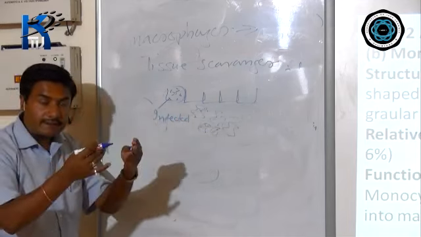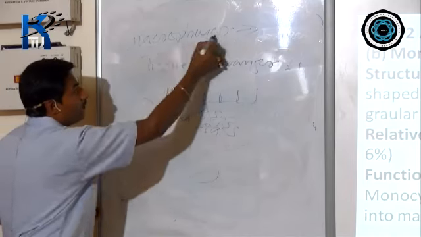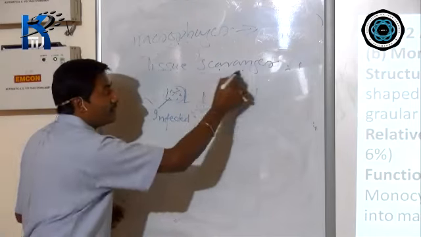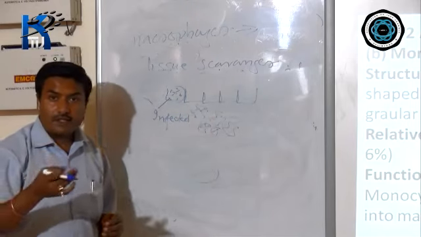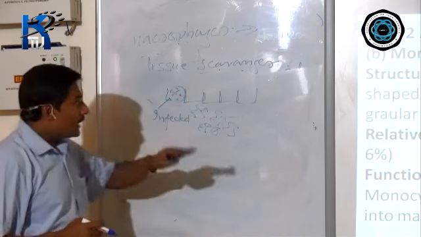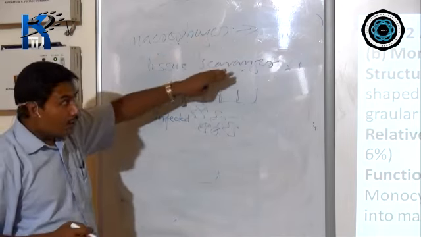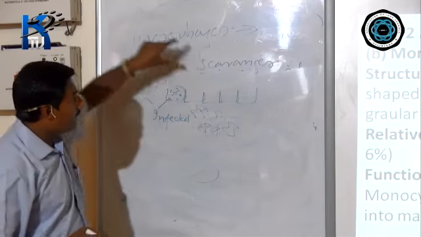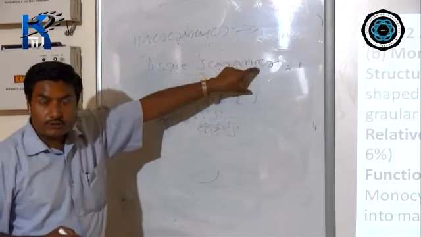So who clears it? Then it is the macrophages. That means they act as a tissue scavenger. When I say scavenger, who are scavengers? Vultures, hyenas and all are scavengers. But in our body, in the blood system, the monocytes act as a tissue scavenger.